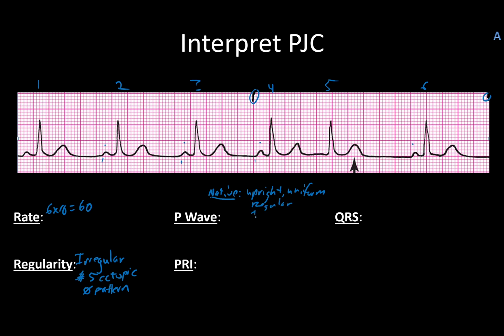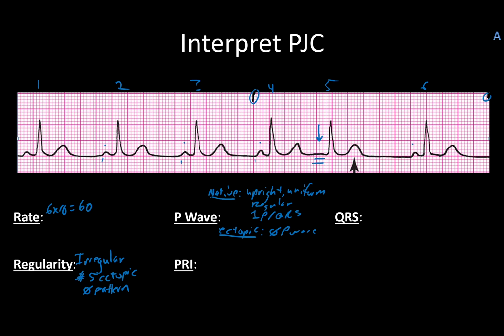I have 1 P per QRS. Now if we look at our ectopic, there is no P wave. If you look right here where we'd expect to find it, there's nothing in place. So that's good to note, and we'll come back to that.